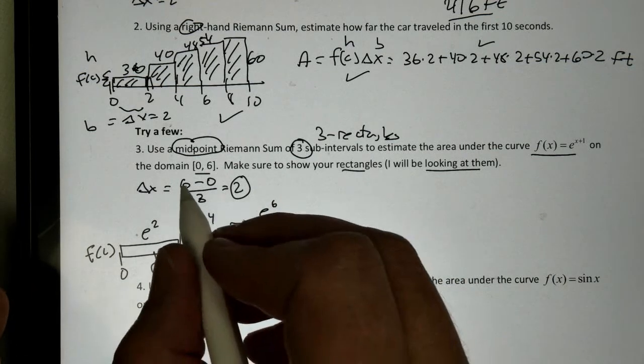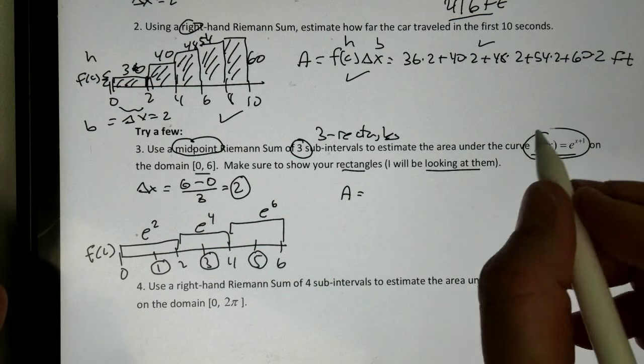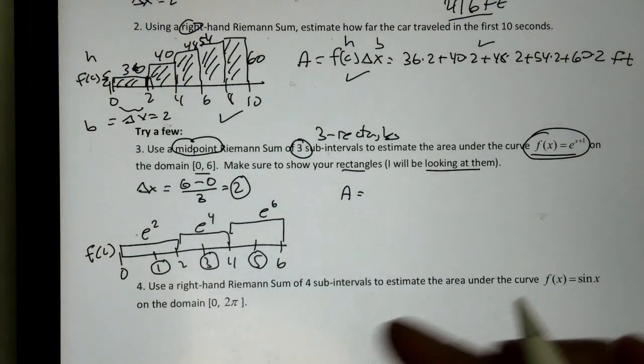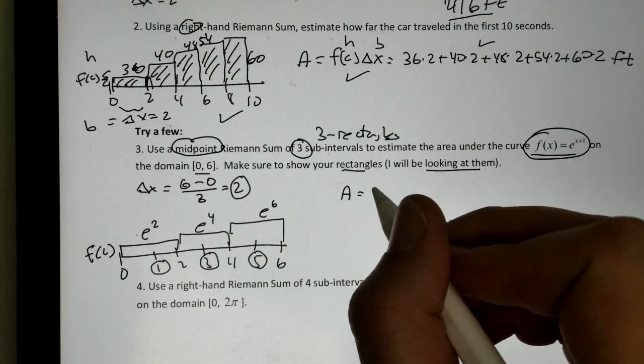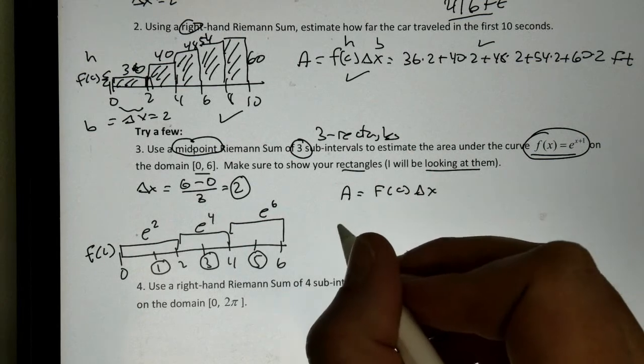So, ready? We know delta x, so my area, the area under this curve. Imagine if this is my velocity curve, we're getting our displacement, how far we traveled. So this is just going to be f of c delta x, which we already know.